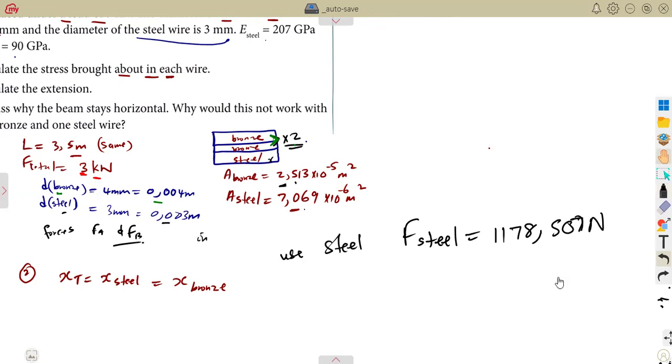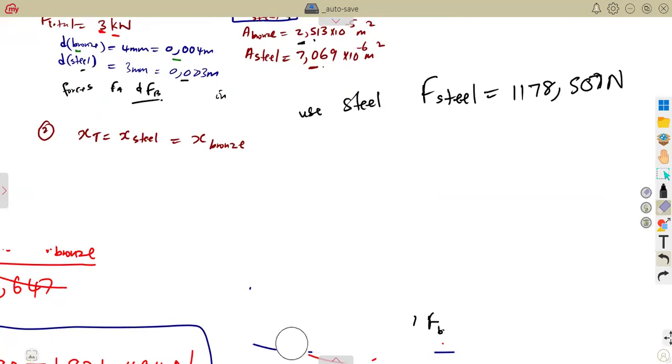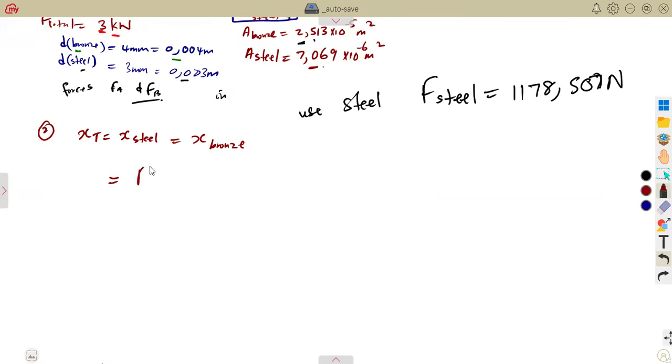Just use the one that you want. You can even use the one for bronze. So using the steel, what is going to be our extension? And that extension is the total one for the whole part, since it's a parallel combination. So for steel, the force times length over area times E. We are given this, so it is just a matter of substituting into the formula.